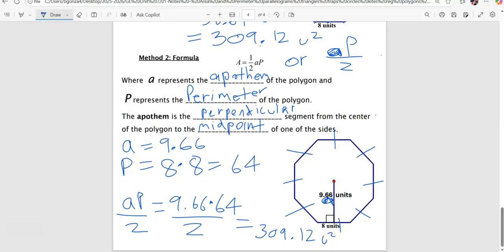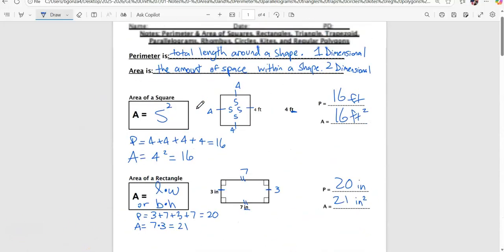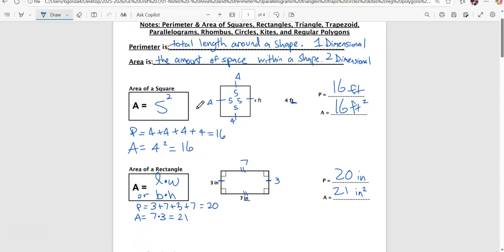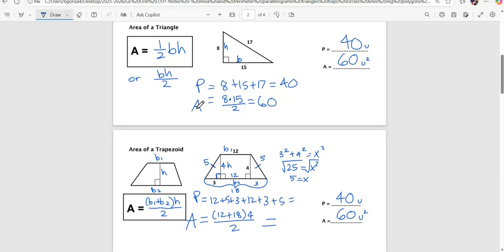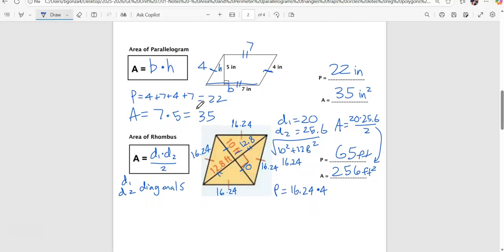That is your notes. We have covered the whole array. We've done area of a square, area of a rectangle, area of a triangle. Then on the next page, area of a trapezoid, area of a parallelogram, the area of a rhombus.